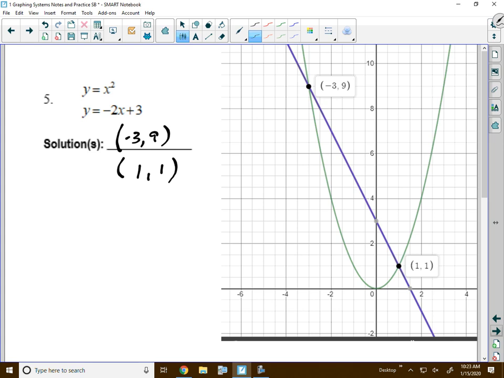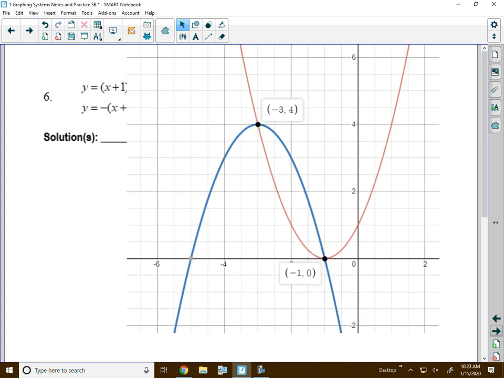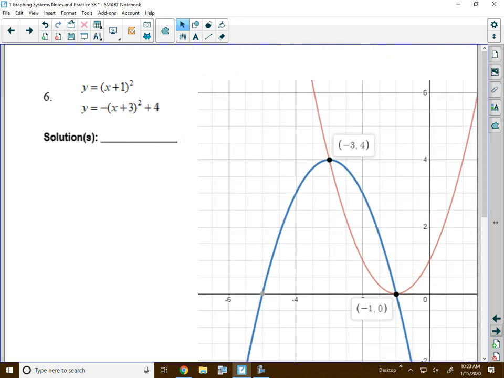All right, let's do the next one. Number 6. This looks funky, right? It's a quadratic. Both of them are quadratics because they both have the squares there. So let's see what happened with this one. Look at that. One's facing up and one's facing down. How did you know based on the equations that was going to happen?